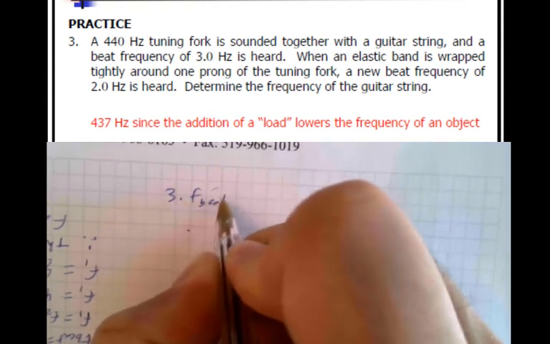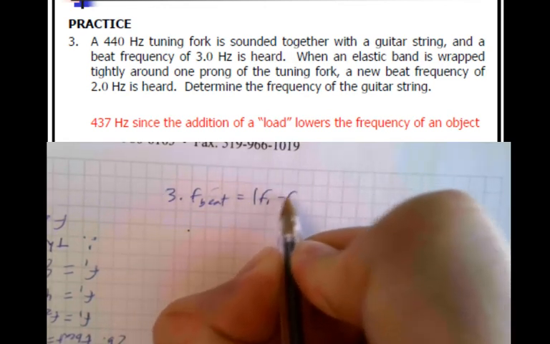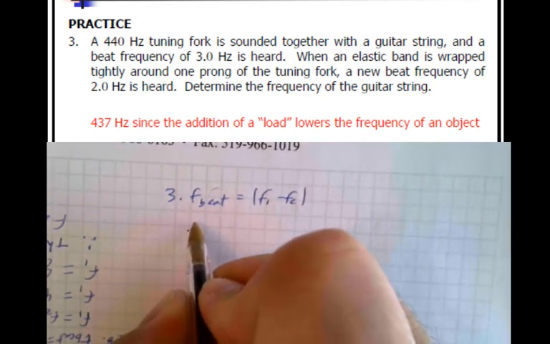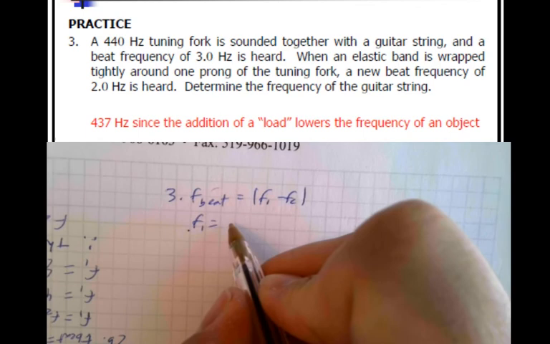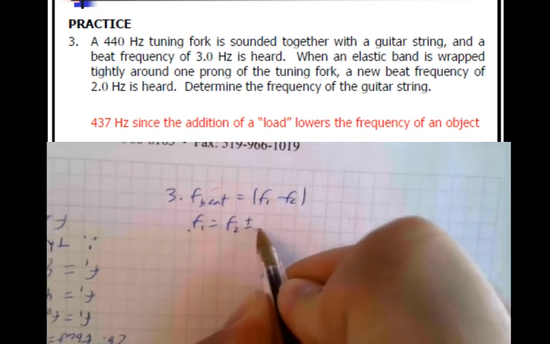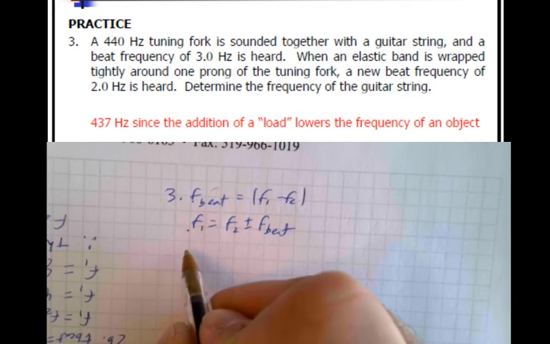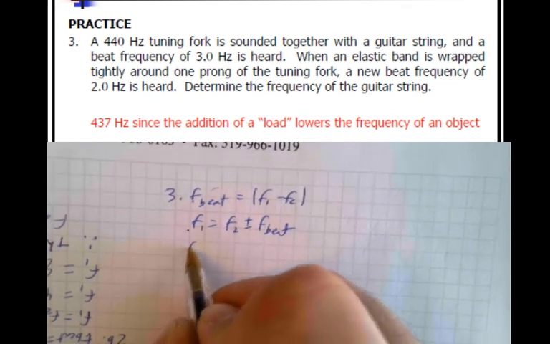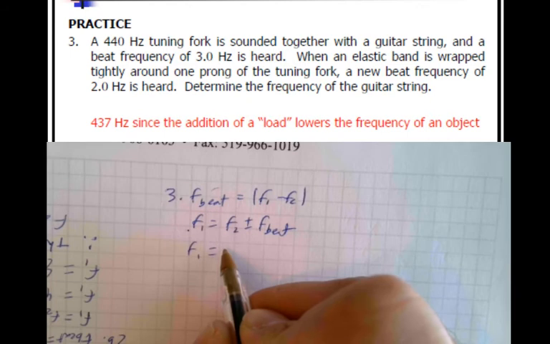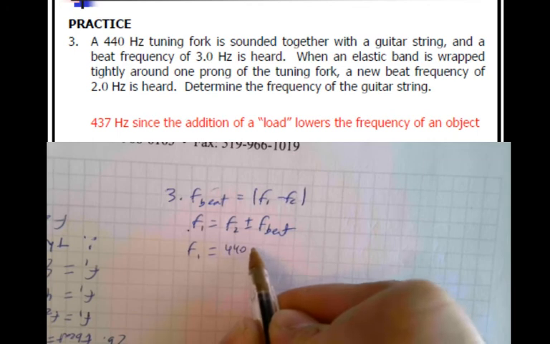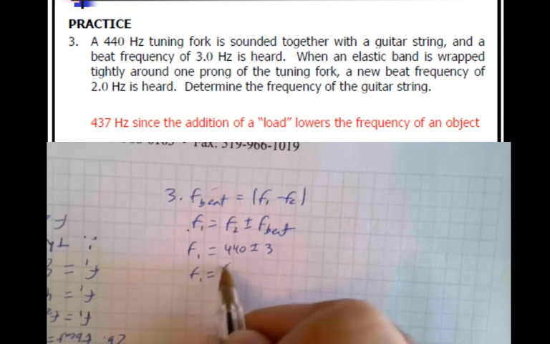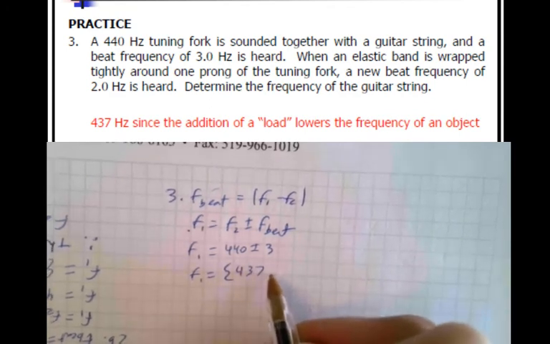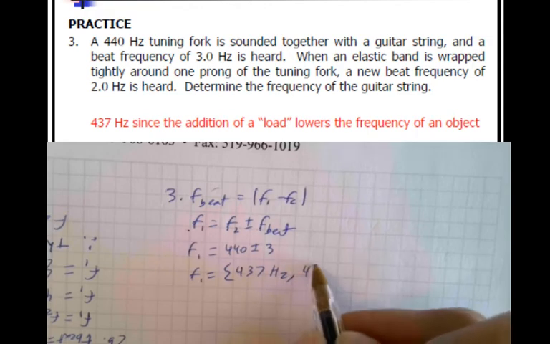So F beat equals the absolute value of F1 minus F2, and we can say F1 equals F2 plus minus F beat. In the first case, with a 440 hertz tuning fork, we would plus minus 3 hertz. So our possible solutions are 437 and 443.